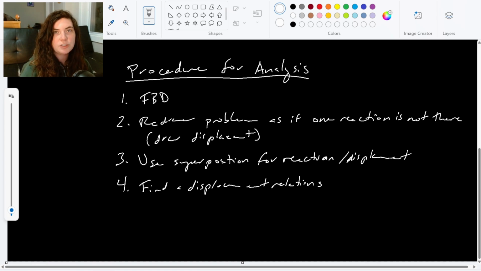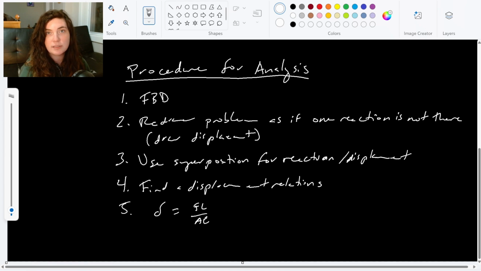You're going to find the displacement relationships, and then you're going to substitute in our axial load equation that we've been working with. Right, so we call this a load displacement relationship, but I'm just going to write D equals FL over AE, right? We're going to create this relationship between the load, our force here, and the displacement.